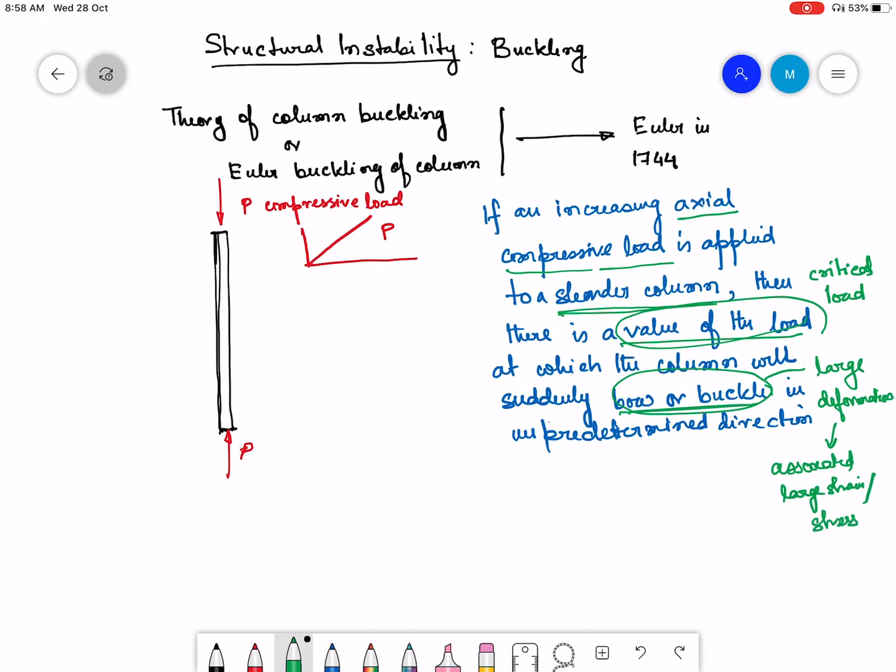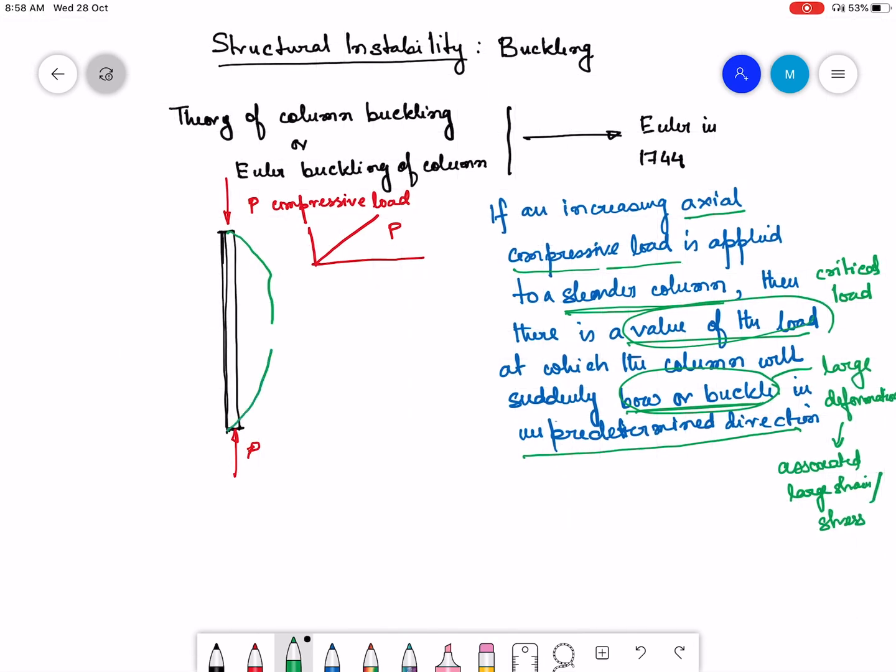And in an unpredetermined direction, that is, you don't know whether it is going to buckle in this direction, or in this direction, or in this form, or in this form. These things are completely undetermined previously. You cannot keep them determined.